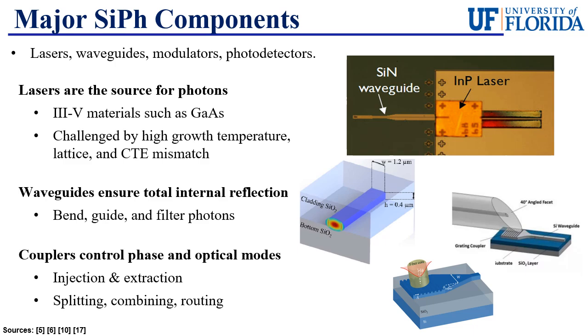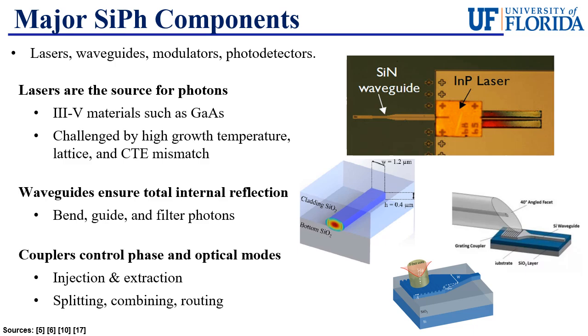Now, typically, lasers are fabricated using III-V compound semiconductors, such as gallium arsenide, as they have superior optical properties when it comes to efficiently generating and emitting photons. III-V lasers induce some material challenges though, such as requiring very high processing temperatures and generally being hard to grow on silicon due to lattice mismatch. They are essential to the function of photonic devices though, and allow electronic signals to be converted into optical signals.